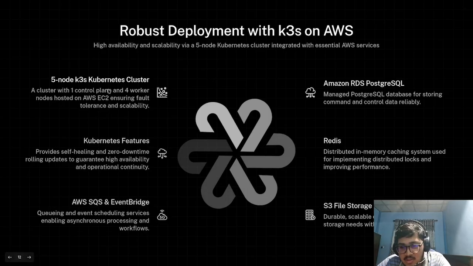K3s is a lightweight Kubernetes implementation, and we are using RDS for the database, and we have Redis, S3, SQS and EventBridge. Kubernetes itself will provide zero downtime, so that non-functional requirement will be automatically satisfied, because Kubernetes is designed to maintain zero downtime within updates and everything. So we are guaranteeing that high availability.